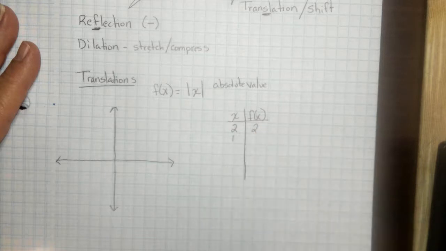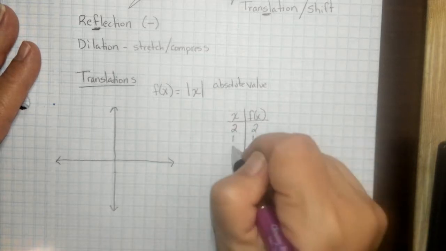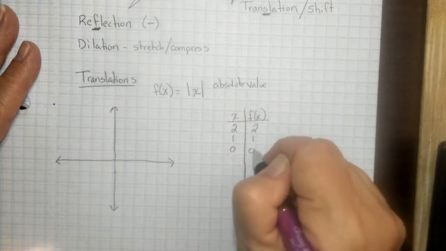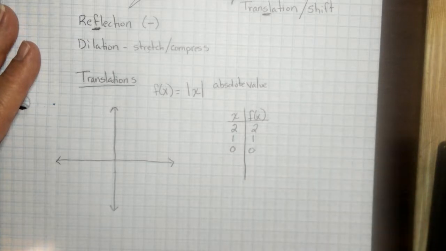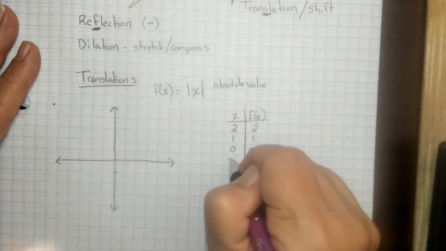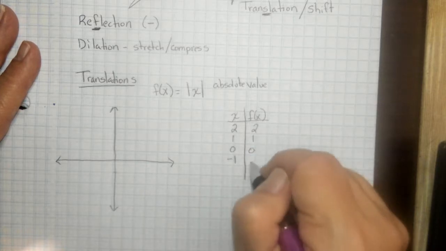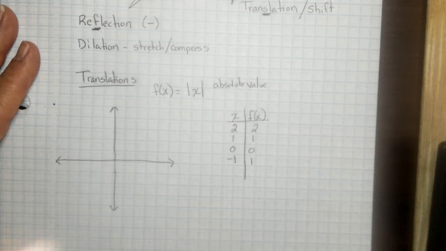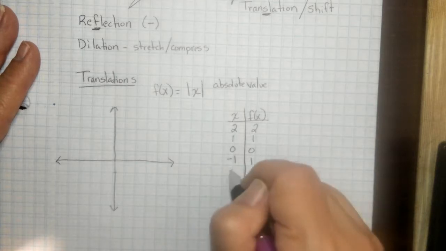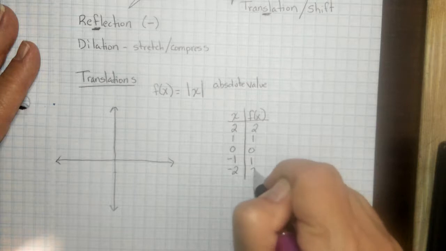If I input a 1, the absolute value is 1. If I input a 0, the absolute value is 0. If I input a negative 1, the absolute value of negative 1 is positive 1. Because negative 1 is one space away from 0 on the number line. Doesn't matter if it's going left or right, it's just your number of spaces. Absolute value of negative 2 is 2.